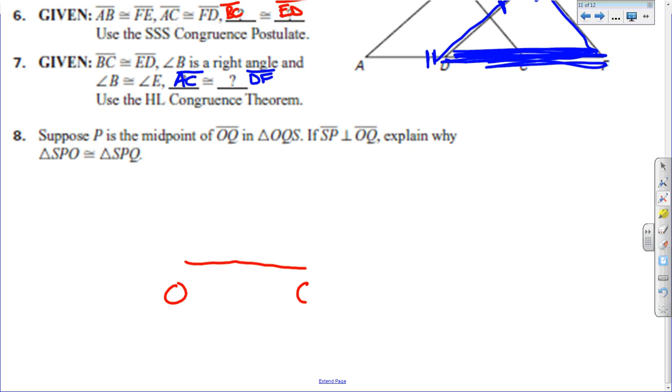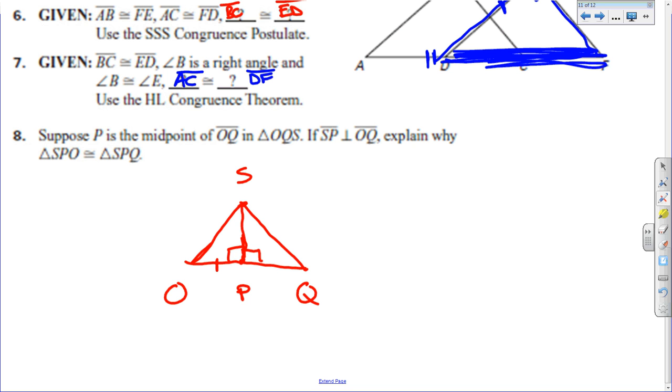Let's call that O. That's Q. This is going to be S. Now P is the midpoint in between them. And it says SP is perpendicular to OQ. So it makes a right angle there and a right angle there.